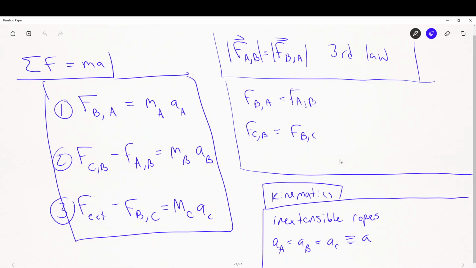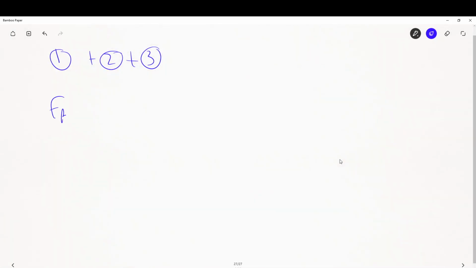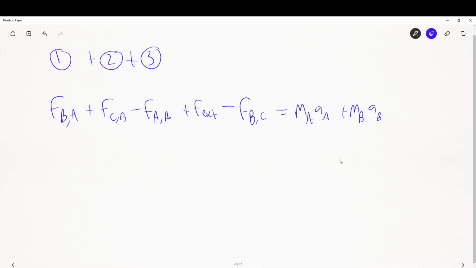I'd have F of BA plus F of CB minus F of AB plus F external minus F of BC. And that's going to equal MAAA plus MBAB plus MCAC.